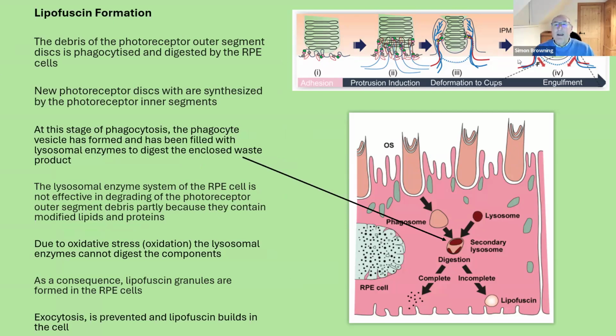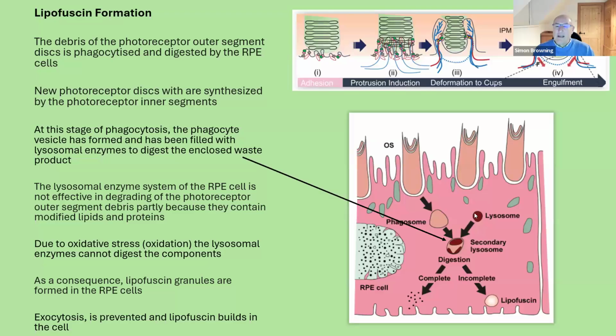Well, in this top diagram here, you can see how these microvilli from the retinal pigment epithelial cells sort of encase the outer segment discs, and then they engulf them. And so you've got this little vesicle with these outer segment discs in it, and this is the phagosome here.